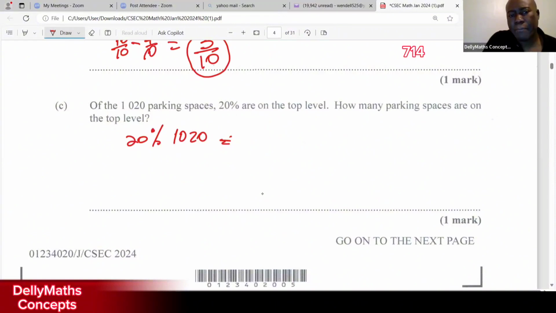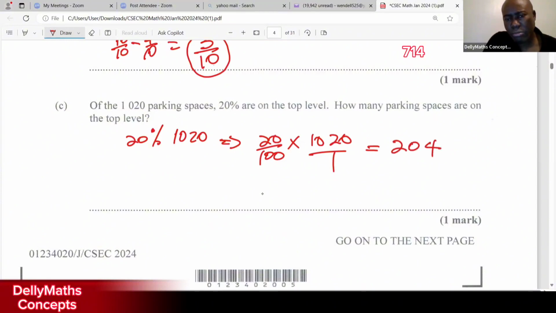So it is simply representing 20 out of 100, and we're going to multiply this by 1,020. We just want to quickly work this out, and we're getting 204. So we have 204 spaces at the top parking.